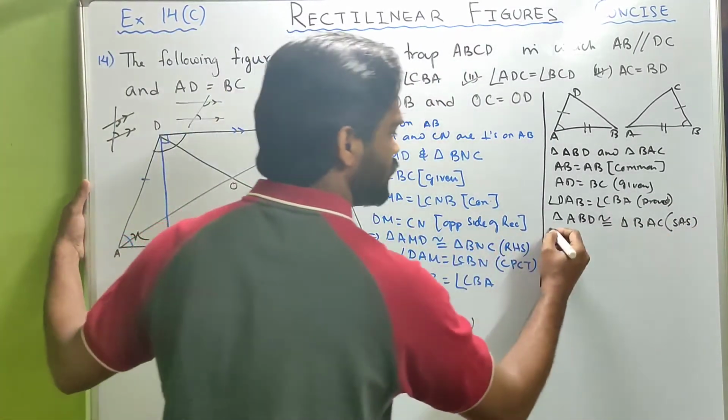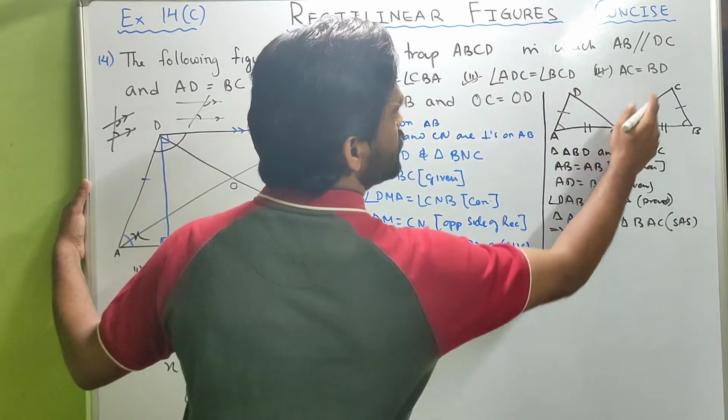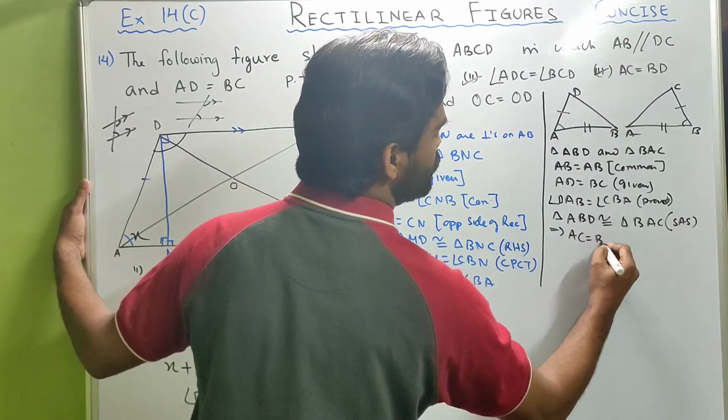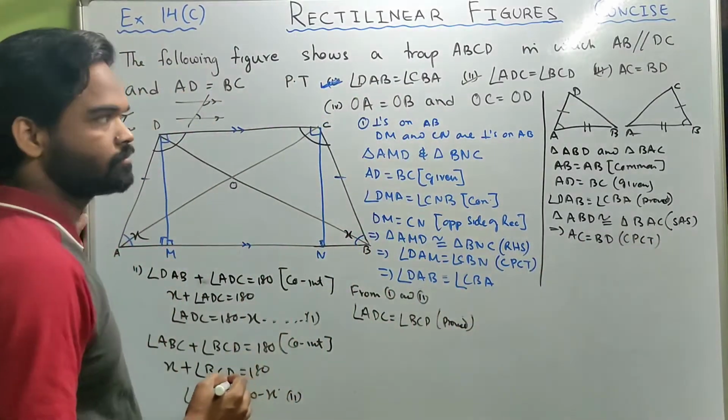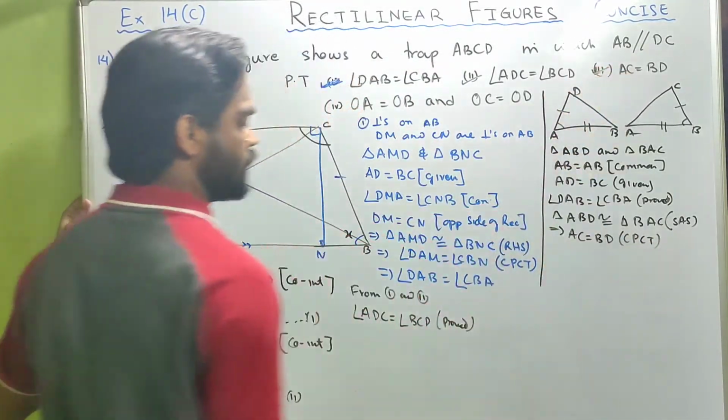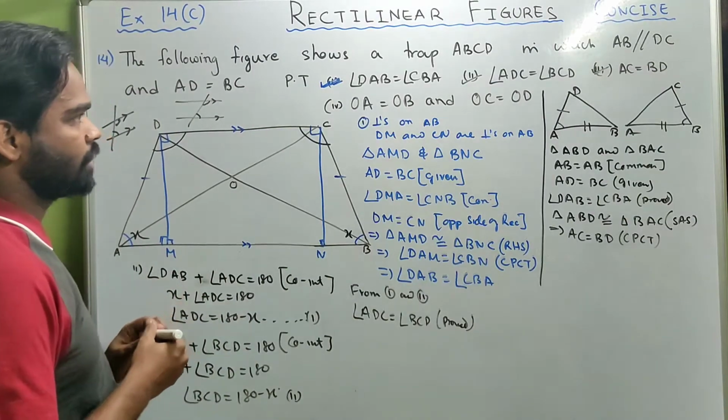So if they are congruent, we can simply say that AC is equal to BD, that's CPCT. Done. Pretty easy.